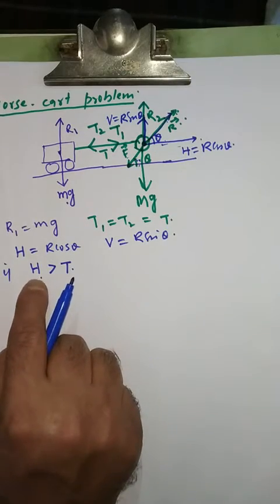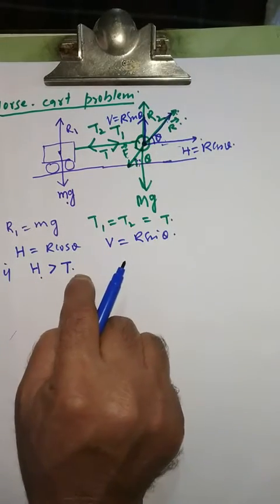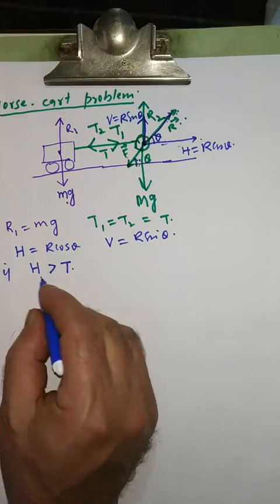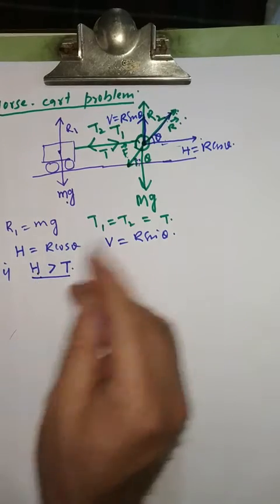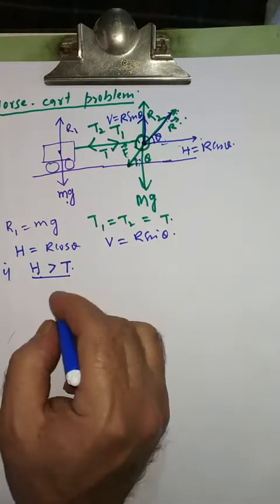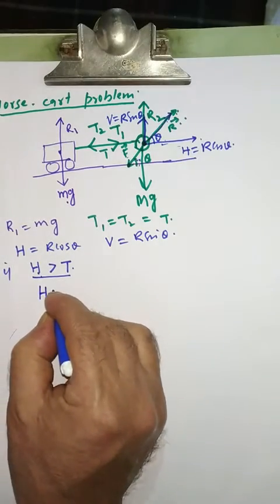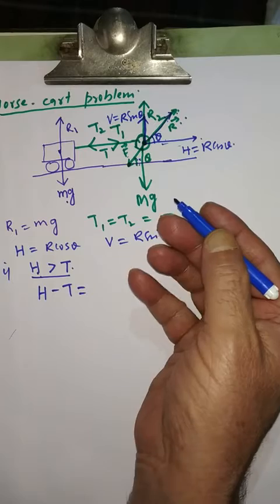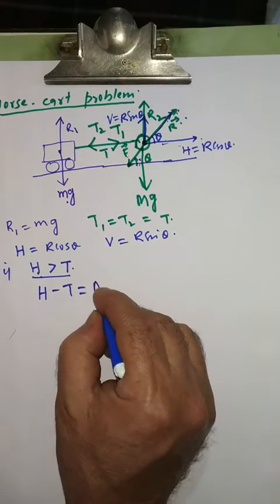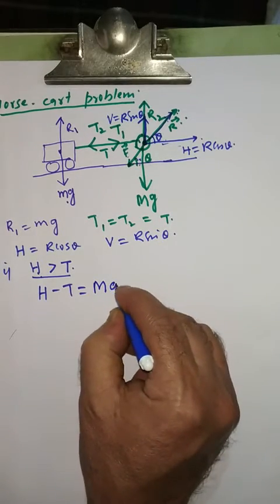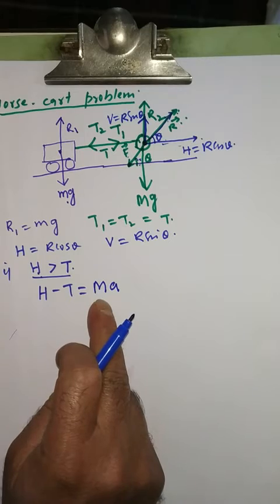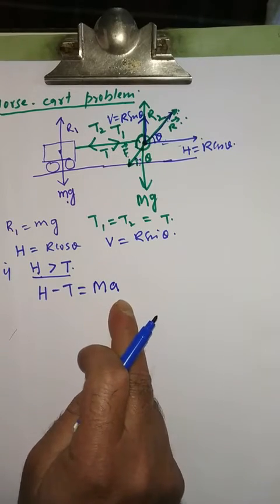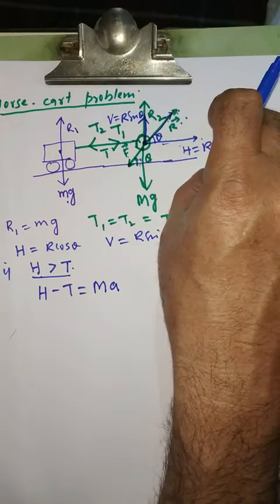So now if H is greater than T, then it will move. If it moves forward, then the difference in the two forces, H minus T, will be the net force, that will be M into a, that is mass of the horse into the acceleration with which it moves in the forward direction.